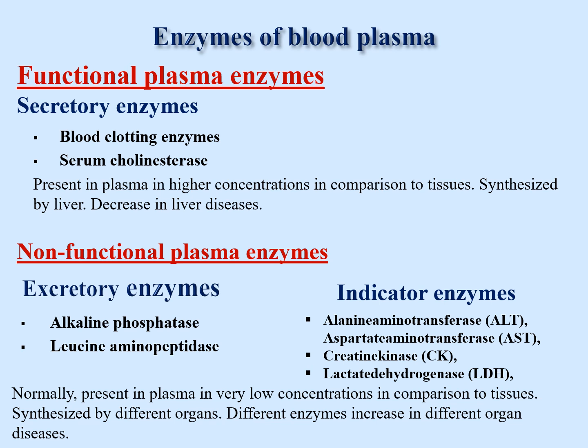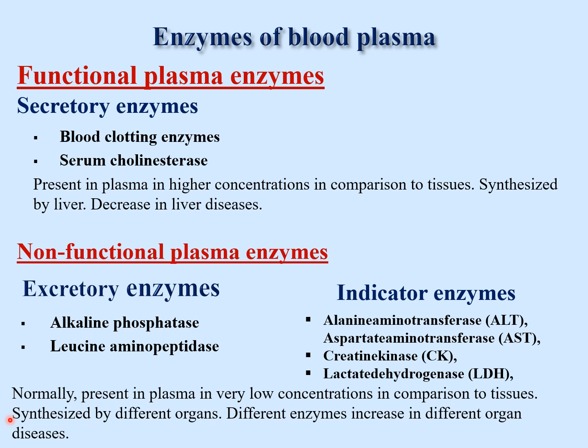But if this enzyme is a secretory enzyme, liver diseases can give decreasing activity of this enzyme, and we can find it for serum cholinesterase. And these enzymes are called functional plasma enzymes because really the activity of these enzymes in blood is more than in tissues.